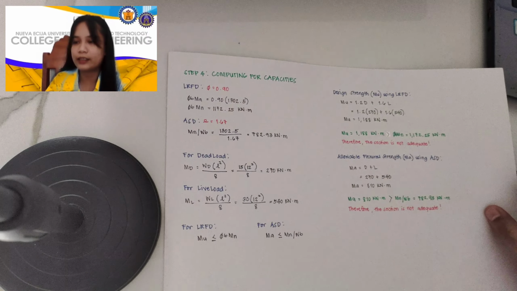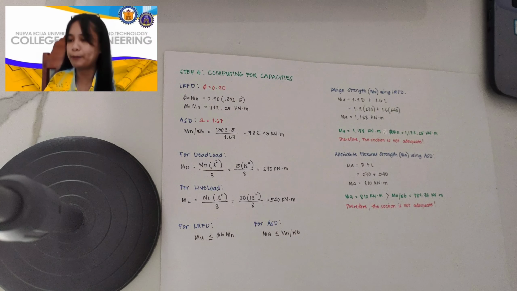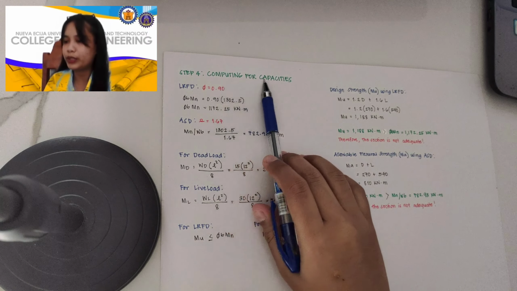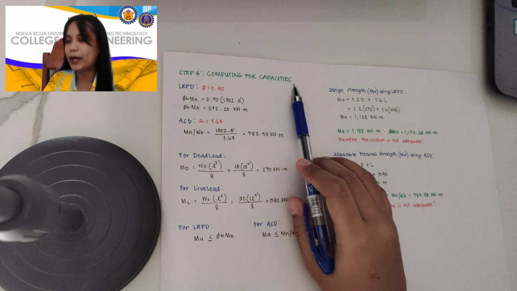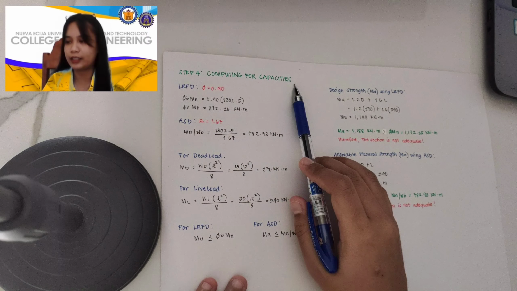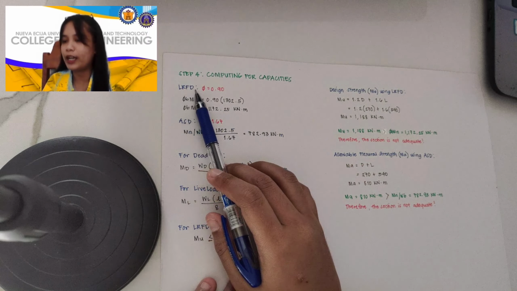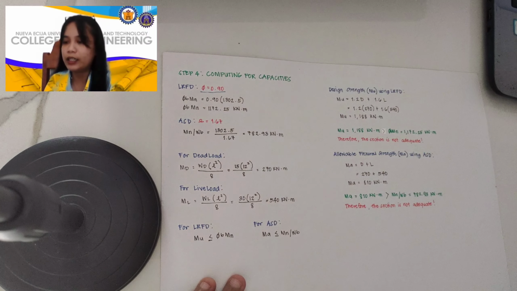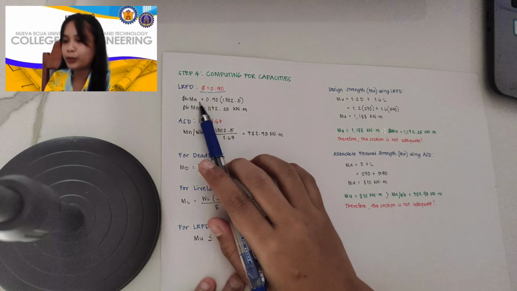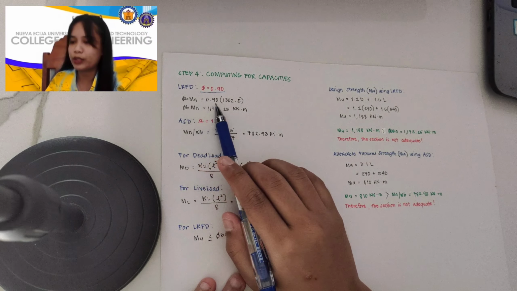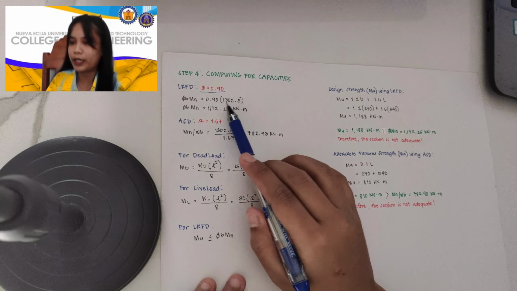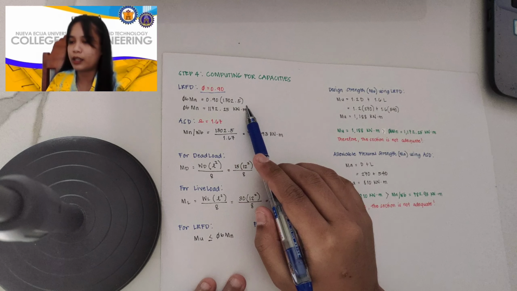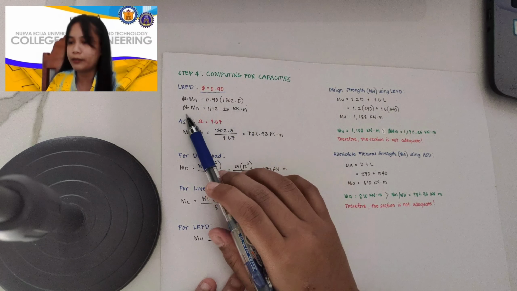So for the last step for this problem, we will be computing the capacity using LRFD and ASD. For LRFD, the reduction factor is 0.90. So phi Mn is equal to 0.90 times our Mn, which is 1,302.5.